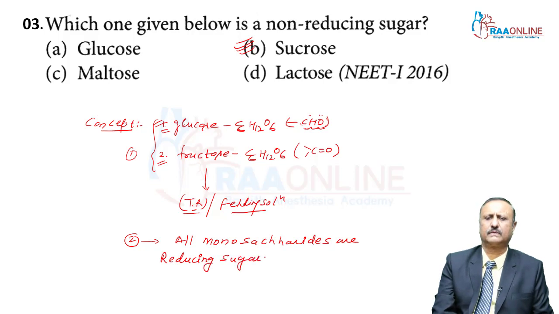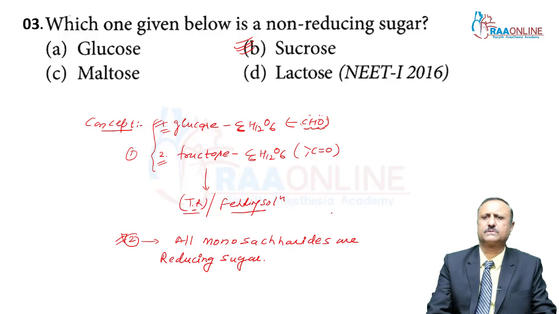So here you can see that glucose, maltose and lactose are reducing sugars, and maltose is made of glucose, and lactose, only the configuration is different. So these are reducing sugars, but sucrose, a disaccharide, or polysaccharides are non-reducing sugars. This is the basic point. If you know these are monosaccharides and disaccharides, then you can get the answer. And this question was also asked, my dear students, in NEET 2016.